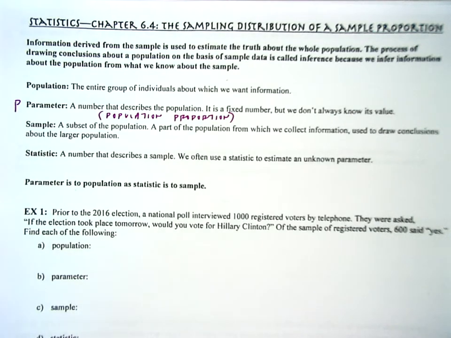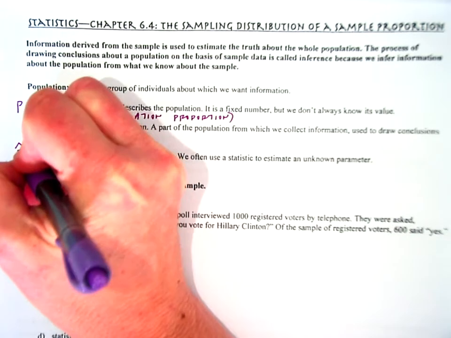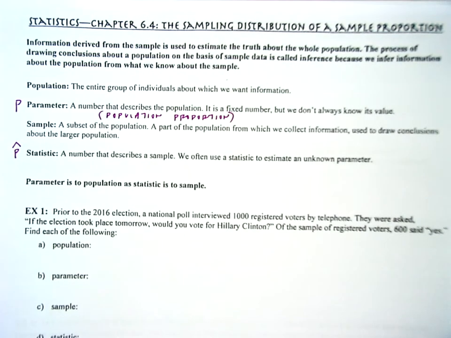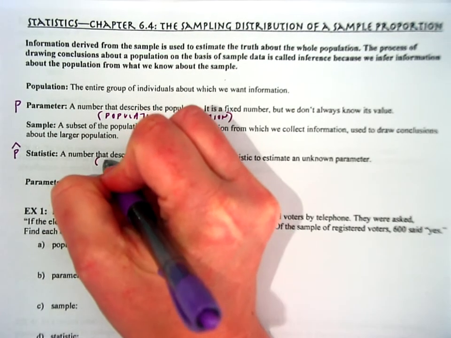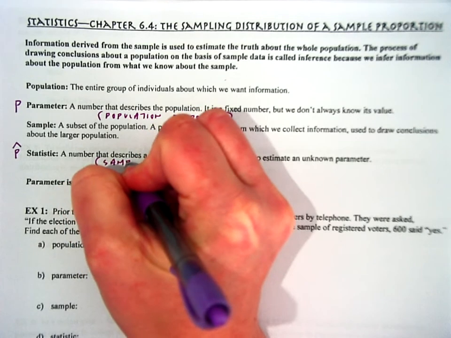Okay, our statistic, that's the p-hat, the P with that funny little hat on it. That is a number that describes a sample. And we often use a statistic to estimate, to predict an unknown population parameter. So we often think of our statistic as our sample proportion, the proportion of our sample that feel a certain way about whatever issue we're talking about.